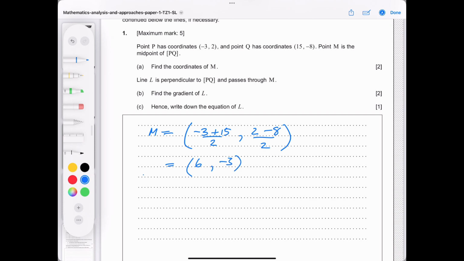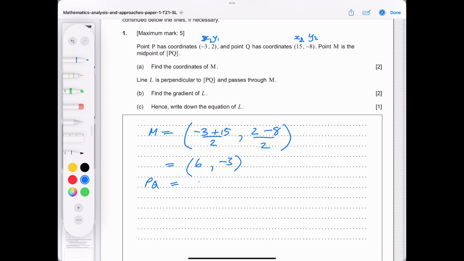So that's that point. And then L is perpendicular and passes through M. Find the gradient of L. So PQ's gradient equals the difference in y over the difference in x. Let's make that y2 minus y1 over x2 minus x1.